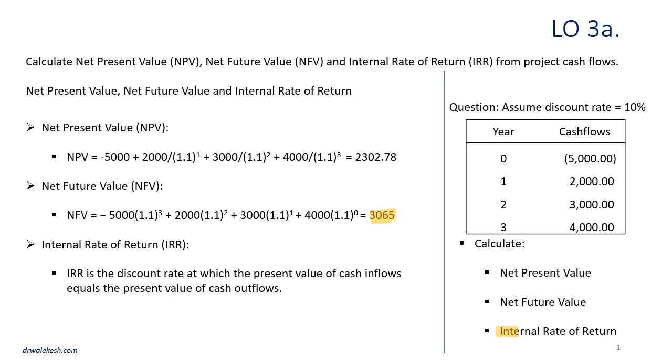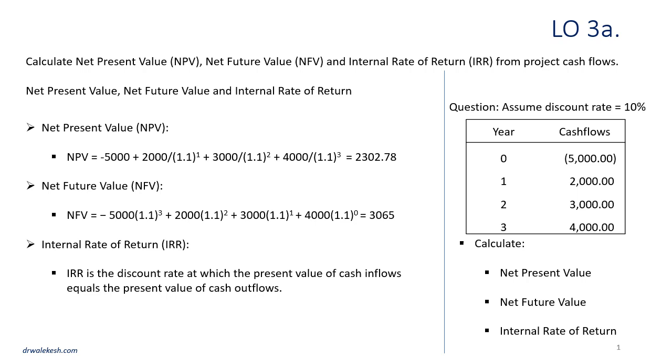Moving on to internal rate of return. Internal rate of return is the discount rate that forces the present value of cash inflows, these are all inflows, they are positive figures, to be equal to the present value of cash outflows.